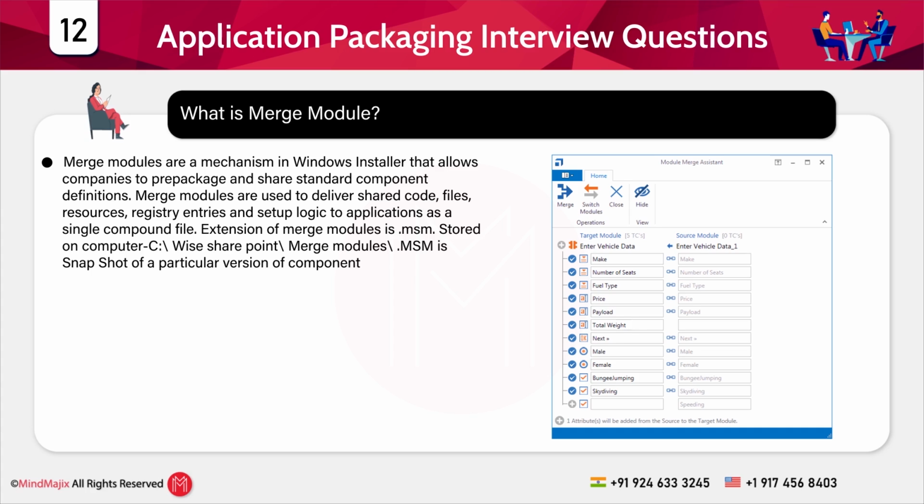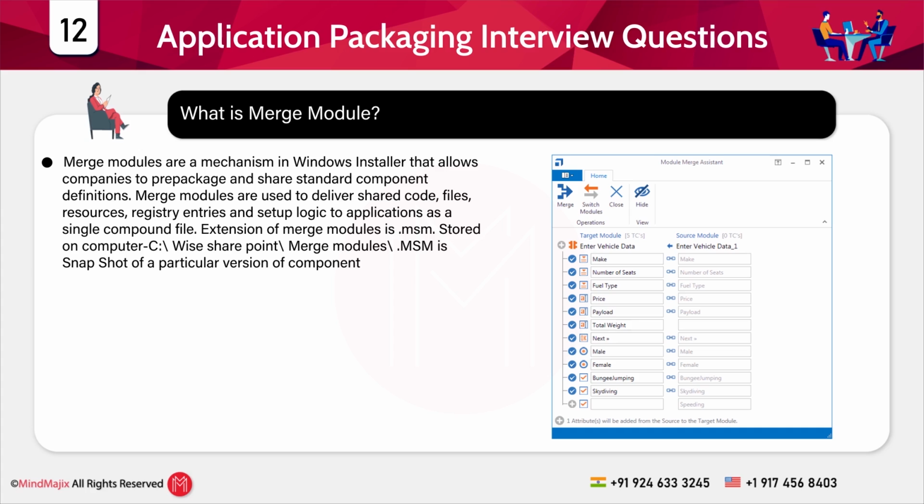So rather than creating multiple files, we will create one component which will have a collection of all the files, folders, resources, everything, and that can be shared with multiple applications rather than creating it again and spending more effort and time.